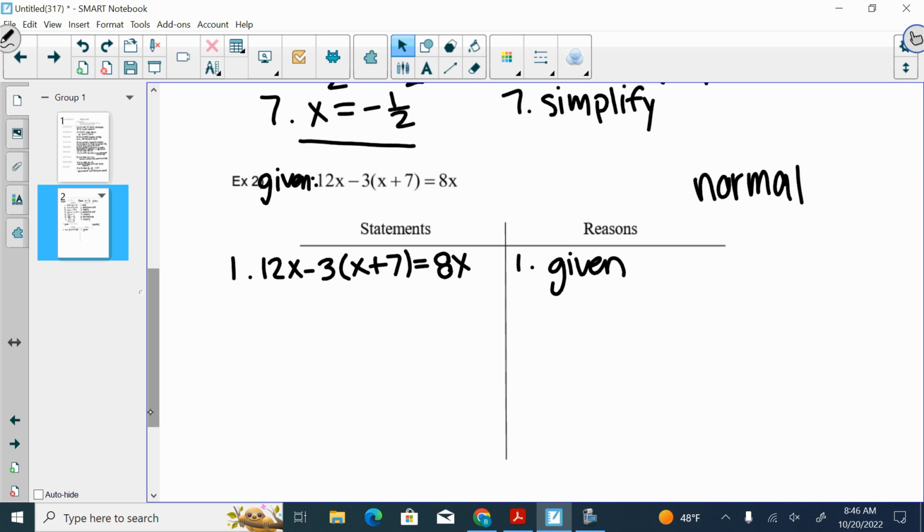Distribute, okay? Now this time, instead of just writing what it means to distribute, we're going to go ahead and distribute all in the same step, okay? So I'll have negative 3 times x, which is just, good, and negative 3 times 7, which would be, right. Okay, and all we did here was use what property?